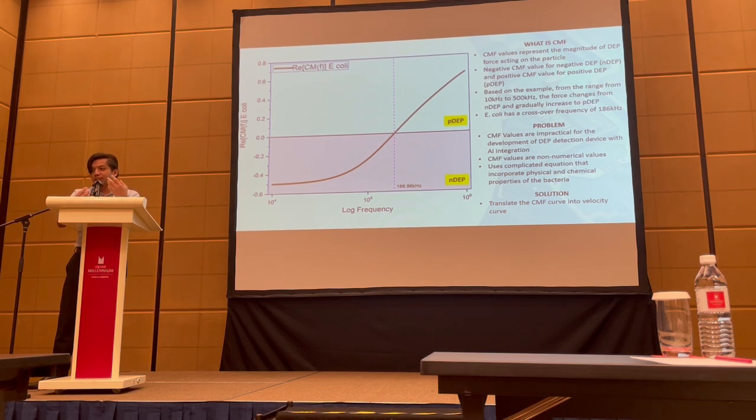So we need a numerical value that we can feed into the machine learning, to the AI, to make it make more sense to the AI. So our solution is we need to translate the CMF curve into a numerical value. So how do we do it? Next.